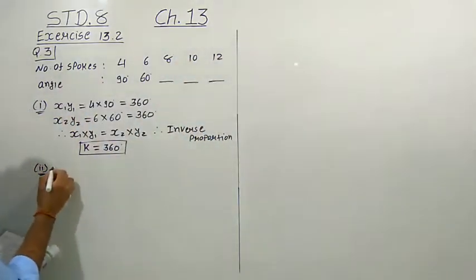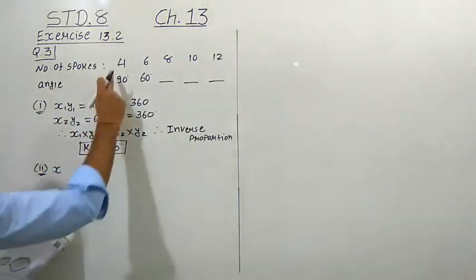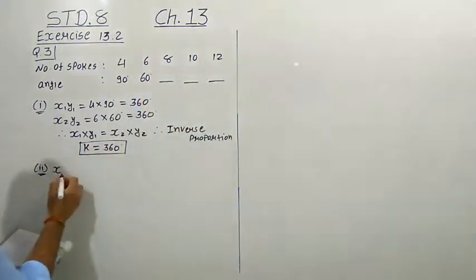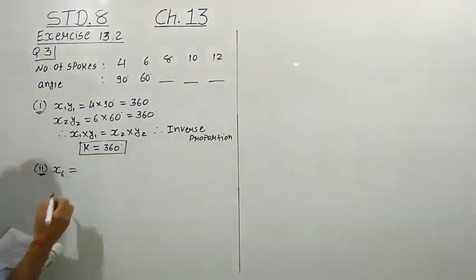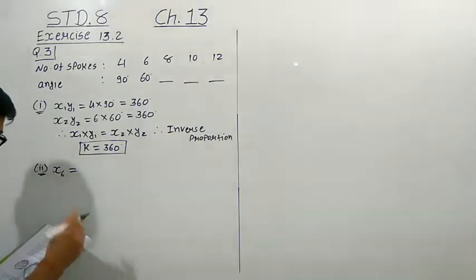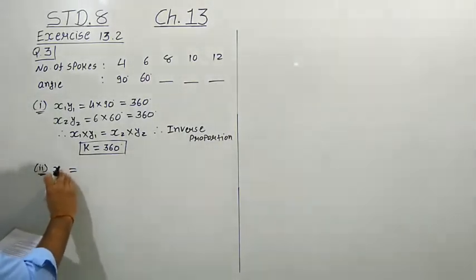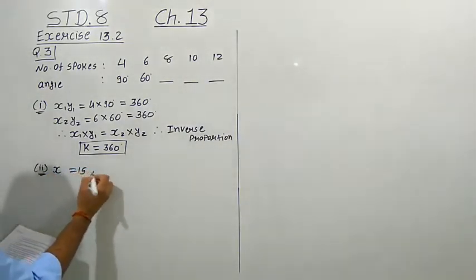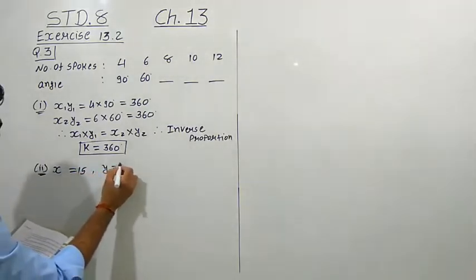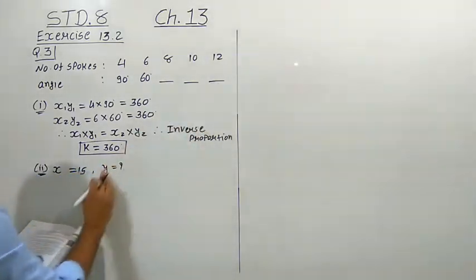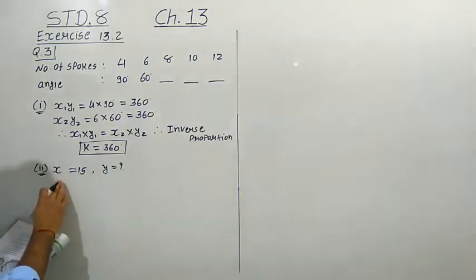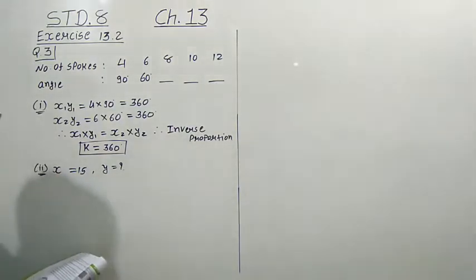So 15 means number of spokes. So here we can simply say x is equal to 15, and we have to find out the value of y. What is y? Y is the angle. Whenever the number of spokes is 15, what will be the angle?